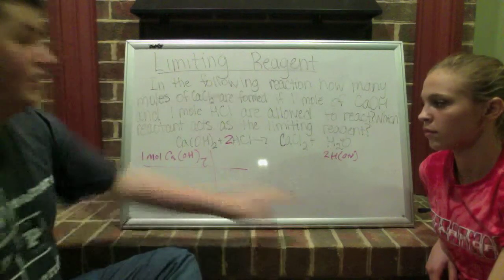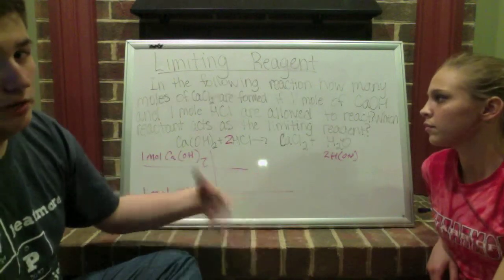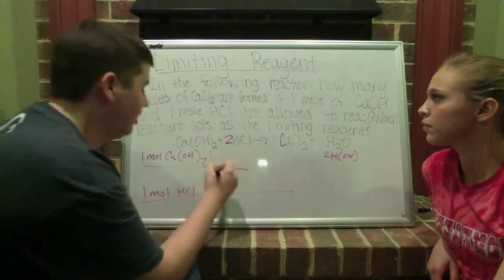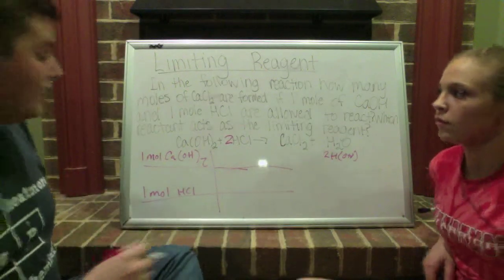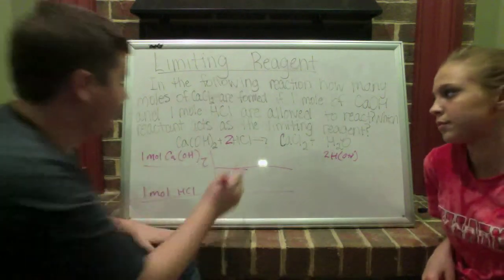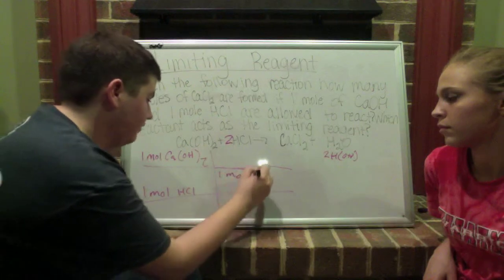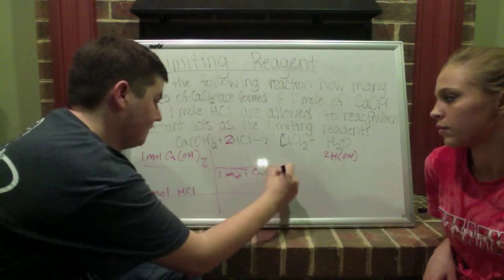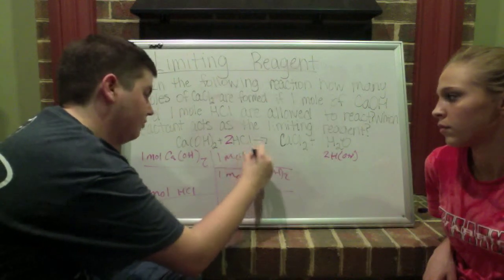And you're going to convert these to the same product so you can see which one's going to form the least amount of product. And the one that does that is your limiting reagent. So you look at your mole ratio. We'll just convert it all to calcium chloride. Oh, and that's what they're asking for in the problem too, so that's convenient. Okay, so for every 1 mole of calcium hydroxide, there is 1 mole of calcium chloride formed.